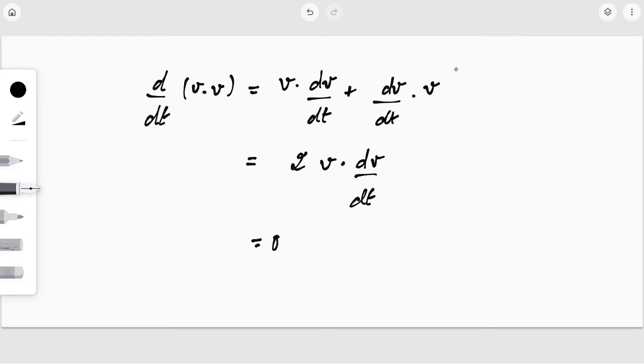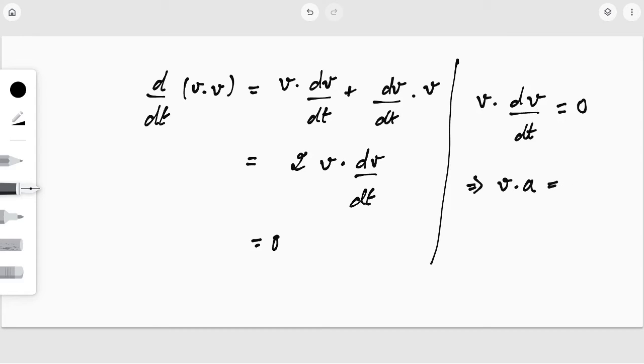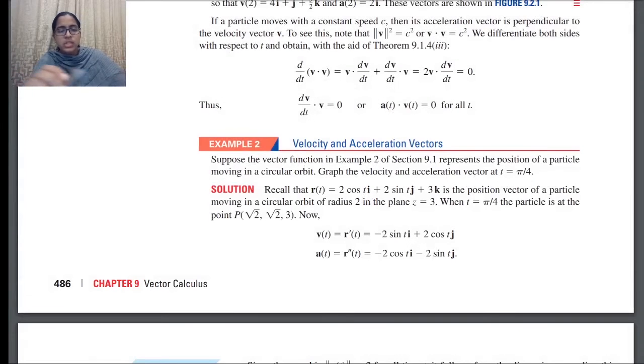Now 2 cannot be 0, so v dot dv by dt is 0. This v was the velocity vector, and when we differentiate the velocity vector, we get the acceleration vector. That is, v dot a will be 0. That is, the dot product of the velocity and acceleration of a vector function whose speed is a constant is 0. So we can say that the acceleration and the velocity will be perpendicular to one another.